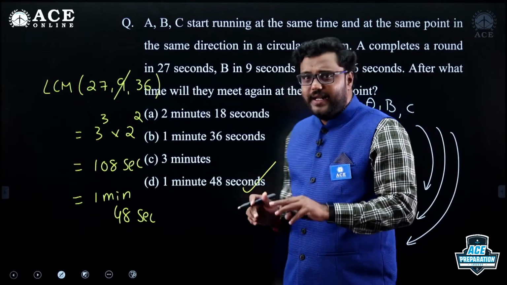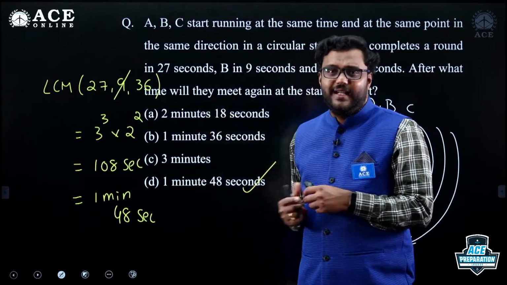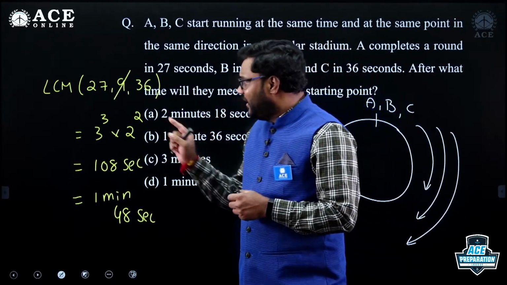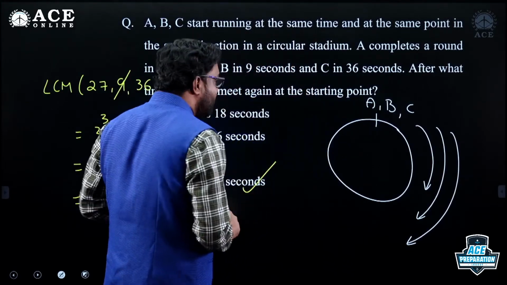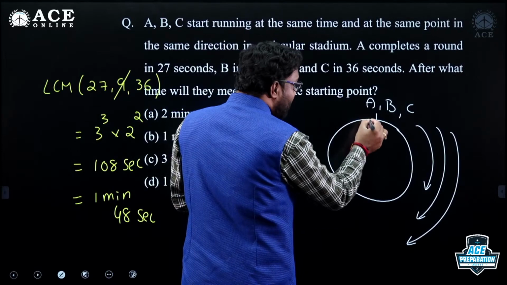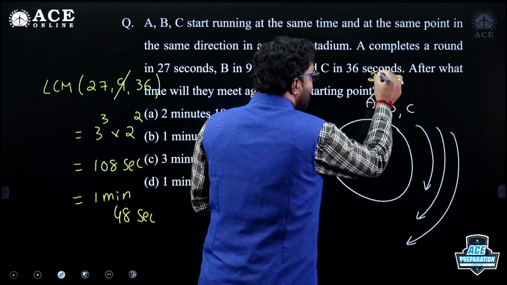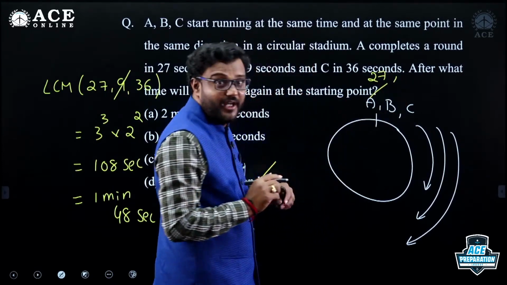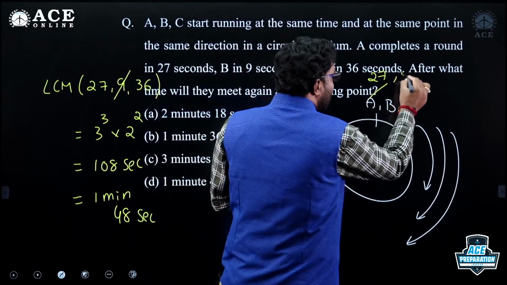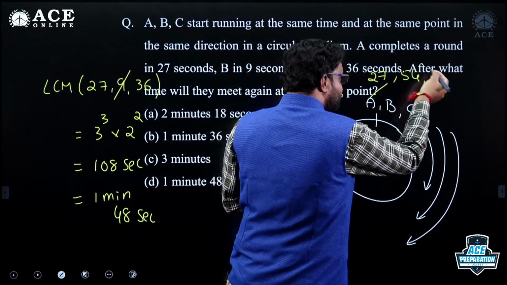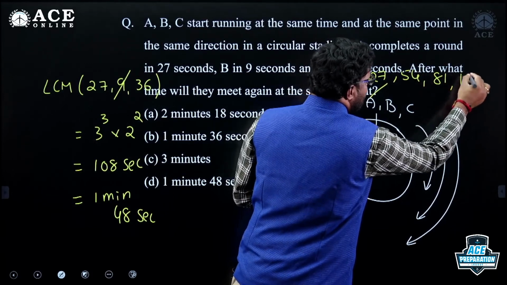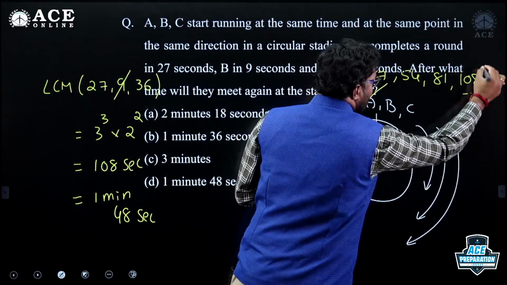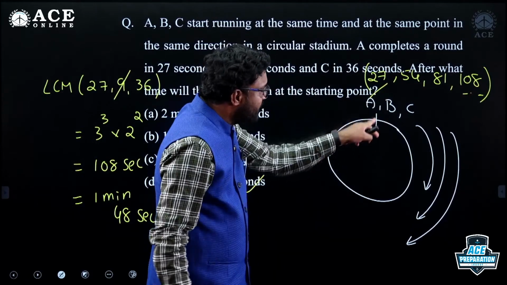Sir, we're not understanding how this is related to meeting at the starting point. Listen, first person, 27 seconds, right? So 108 means in the 4th round, A will come to this starting point. After 27 seconds, after 54 seconds, after 81 seconds and 108, A is reaching the starting point.